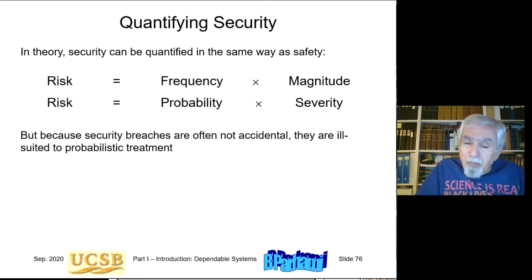There's just one problem. Whereas for safety, the events that cause a lack of safety are really probabilistic, and you can assign probabilities to them, things like hacking and intrusion into systems are not really probabilistic events. Somebody is sitting there looking for an opportunity to infiltrate a system.